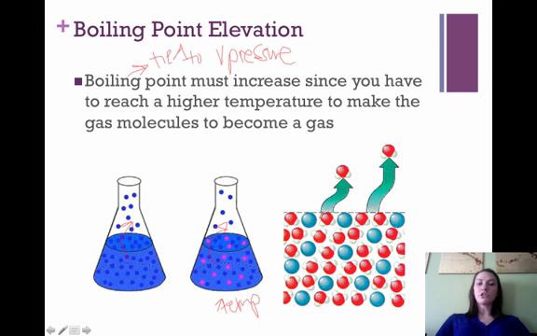So we need more motion from these water particles so that they can evaporate into the gas form. So we're going to increase the temperature of my liquid so that I can get more gas particles up there. You need to increase the temperature in order for the liquid molecules to become a gas.